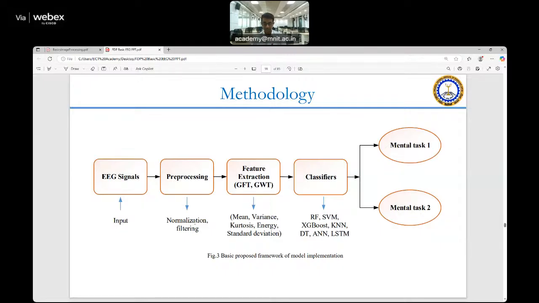So it's up to us what we want to do. With the classifier, it is able to classify the mental task.